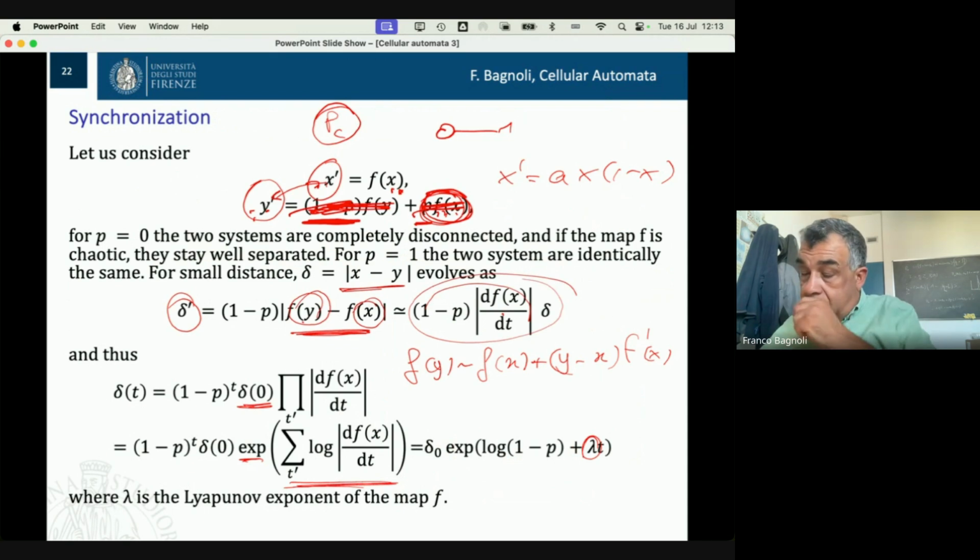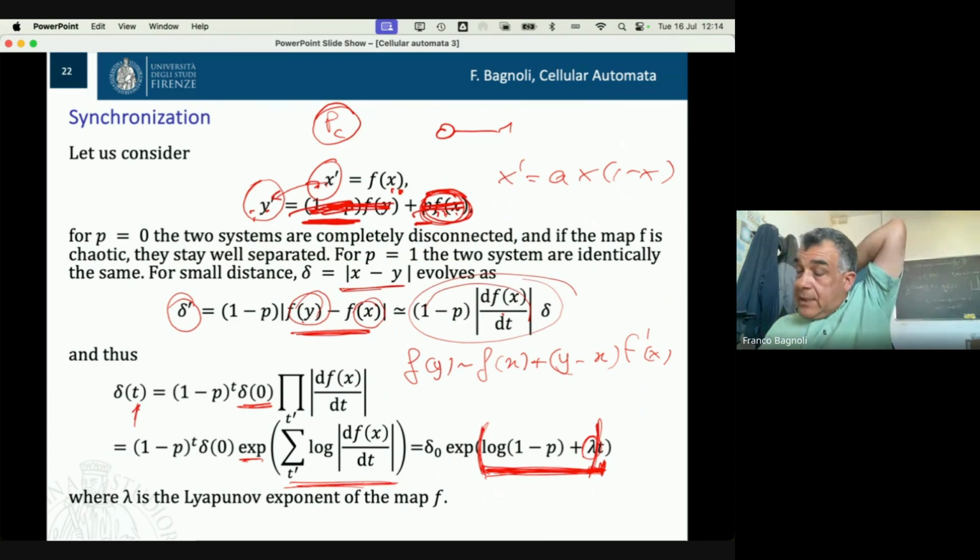And so if this is greater than 0, we have an exponential growth, at least for small time intervals, of the difference. If this is less than 0, you have a convergence to 0.